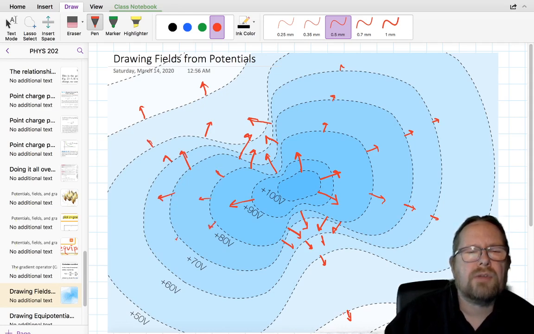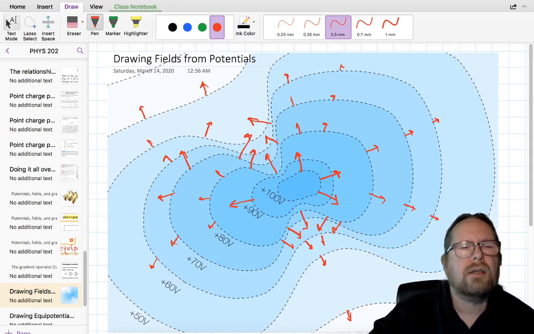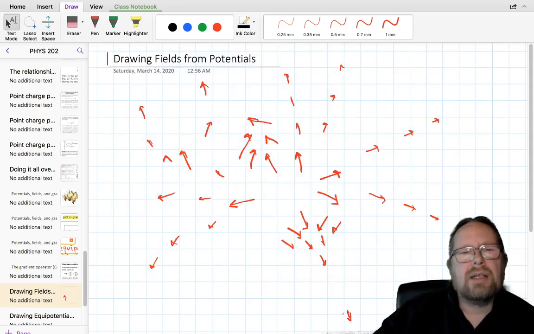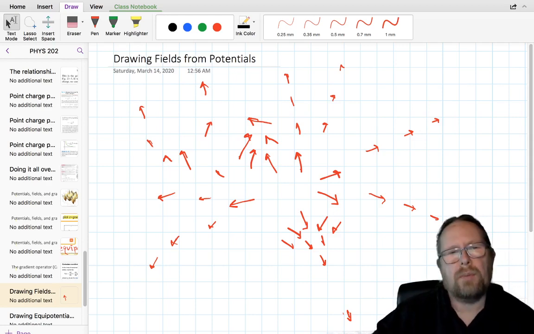From this equipotential surface, I can sketch a field everywhere in three-dimensional space. And if I were to delete that equipotential, I would leave behind a picture of the electric field due to that equipotential surface.